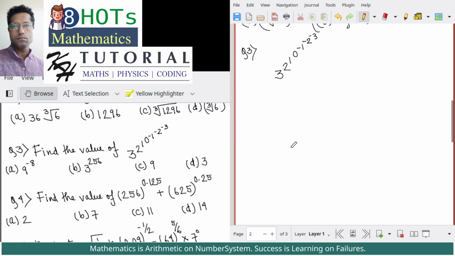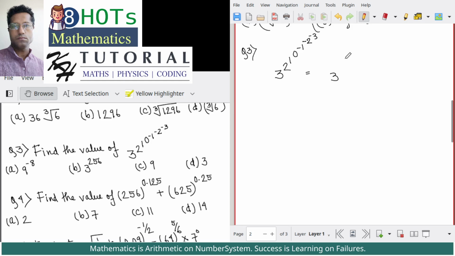Now if I break it down step by step, I am trying to break it down from the topmost powers downwards.